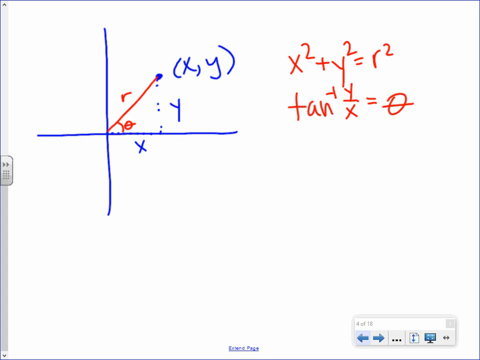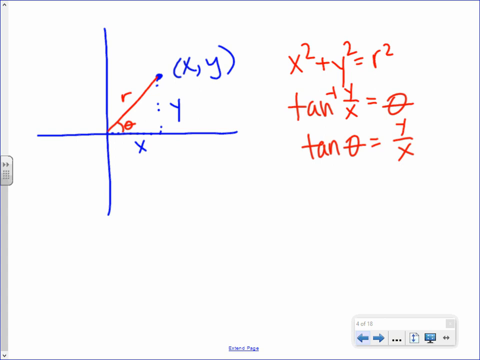Isn't that just tangent theta equals y over x? Yes, it is. That's probably more what I'm inclined to do, but if you like using the inverse tangent better, go for it. You all have personal preferences, and we're at the point where you can make those.